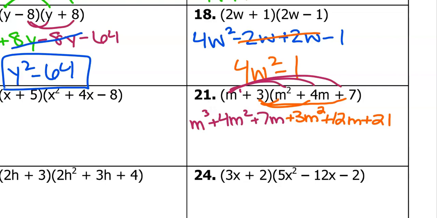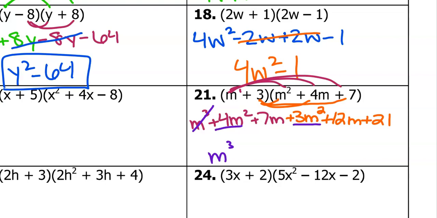Now combine like terms, but do it in standard form. So what should come first? M to the power of 3. Does anything else have an m to the power of 3? No. So he's going to be first. Next, we need m to a power of 2, right? Do we have any of those? We have a 4m squared and a 3m squared.